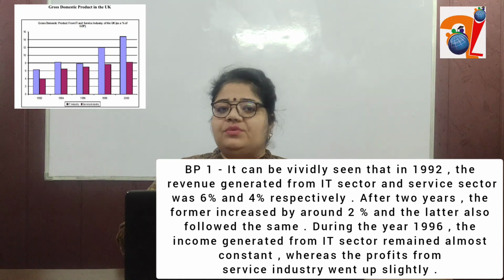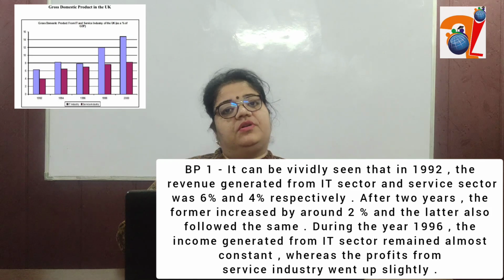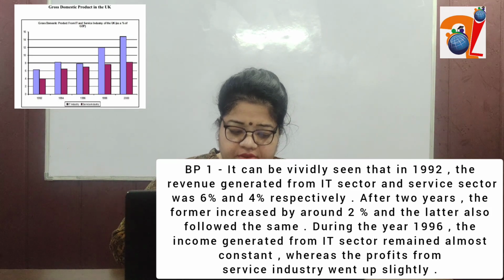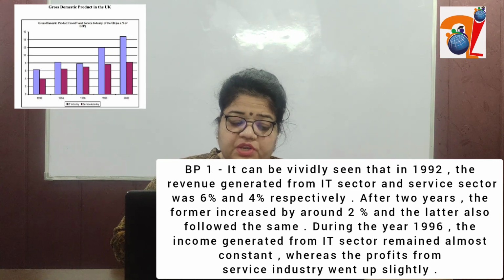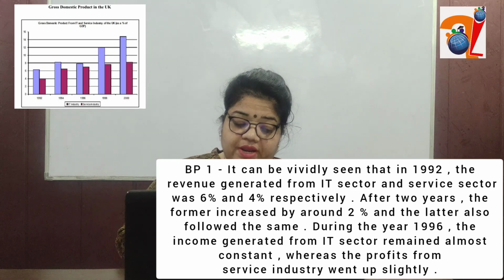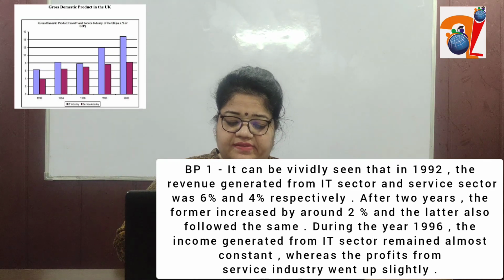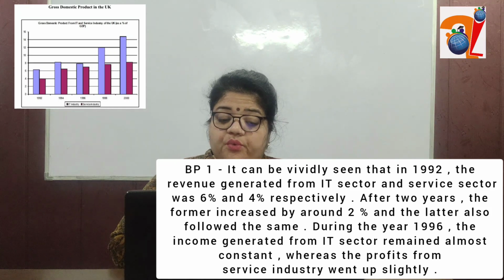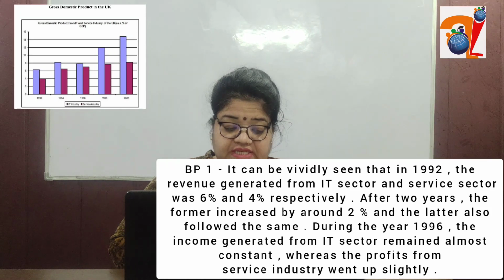Instead of writing both of them followed 2% or both of them increased 2%, we have written it differently. Next, during the year 1996, we have again used during the year 1996. The income generated from IT sector remained almost constant.